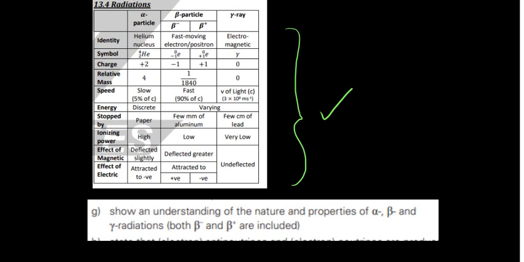Now, the syllabus mentions you should show an understanding of the nature and the properties of alpha, beta, and gamma radiation, and both negative beta and positive beta are included. But when I do past papers or questions, I don't get questions referring to these properties.